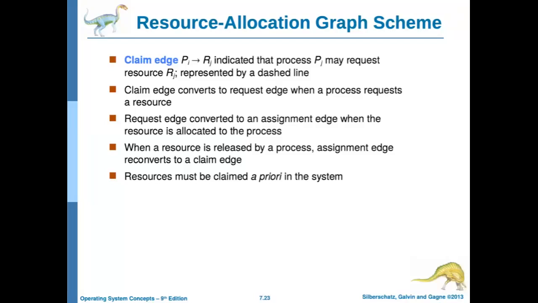When a resource is released by the process, the assignment edge reconverts to a claim edge. So whenever any process releases the resource type, again the assignment edge will be converted to a claim edge, changing its direction and its style. Okay, and resources must be claimed a priori in the system, because that was our previous assumption.